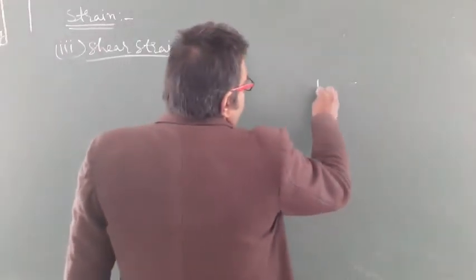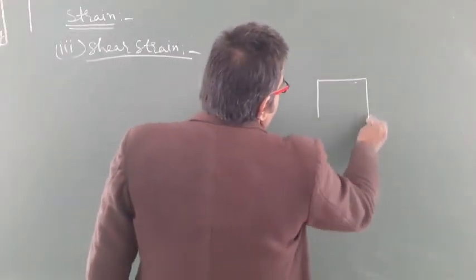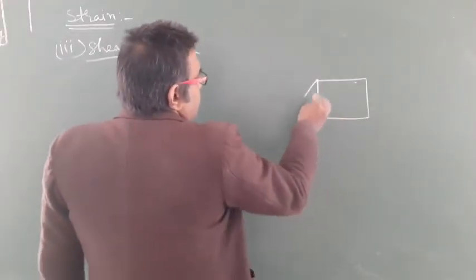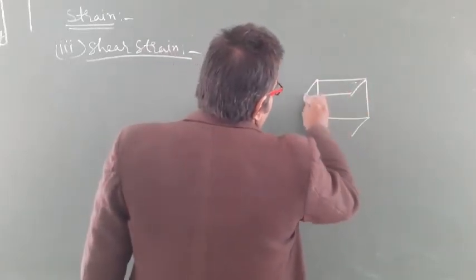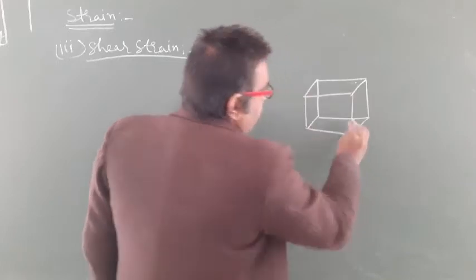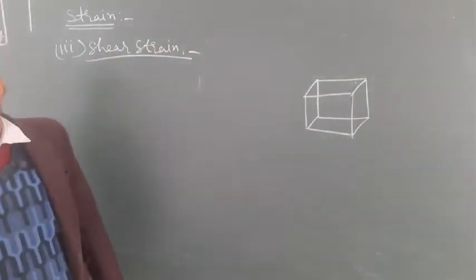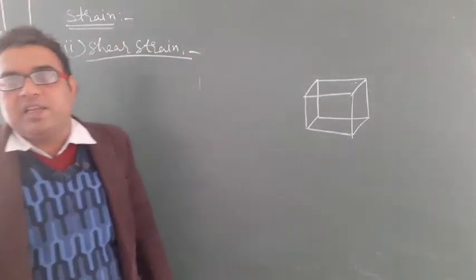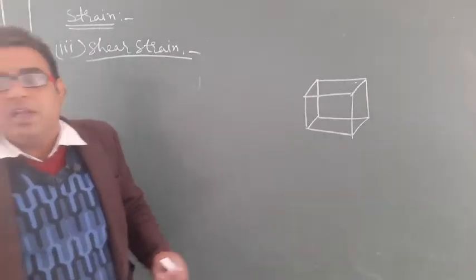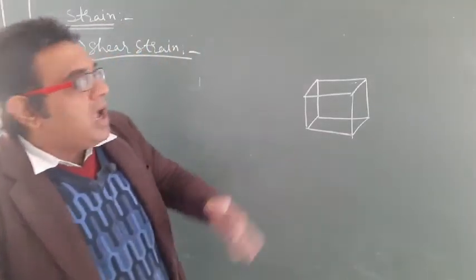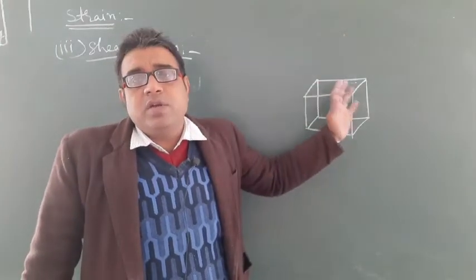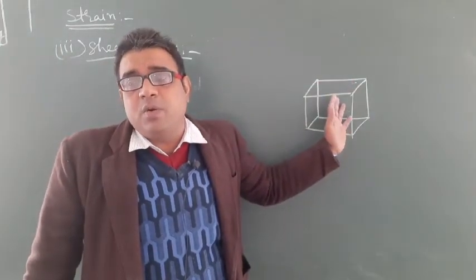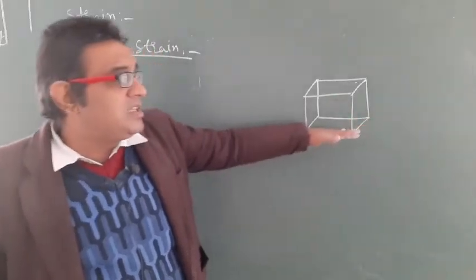As we are talking about shear strain, the forces acting on the body are of tangential nature, so what will happen? As in case of shear stress, we had discussed that the upper part of the solid is going to be shifted relative to its lower part, which is the fixed part.